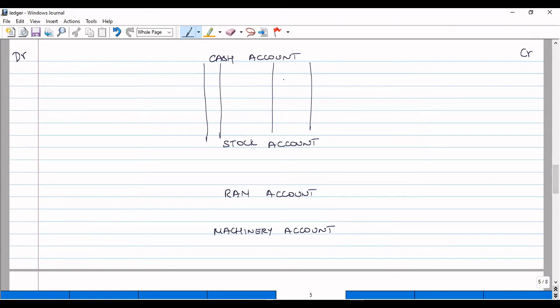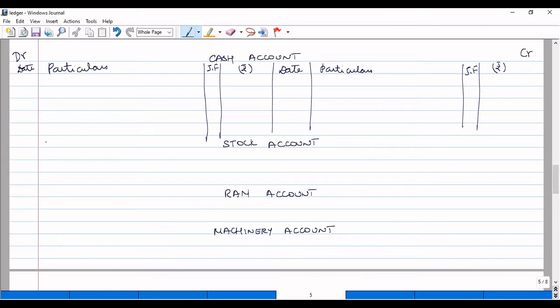Debit and credit sides. We have date, particulars, journal folio, and amount for the debit side, and for the credit side the same column heads. Okay, journal folio and the amount.